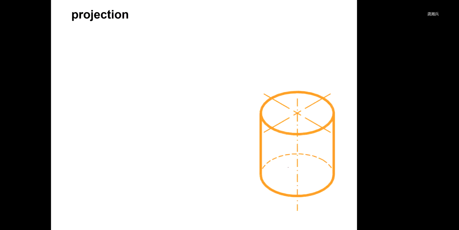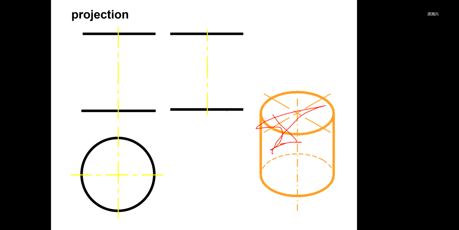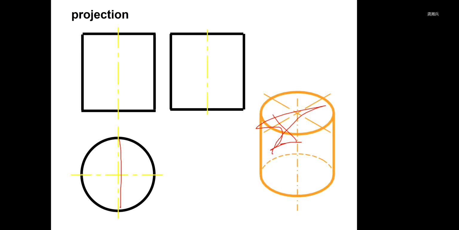How about the projection? I think maybe it's very easy for you guys. From this direction, it's a circle. From this direction is a rectangle, and the other one is also a rectangle, and these two rectangles are the same, because this is a circle. This line is equal to this line.